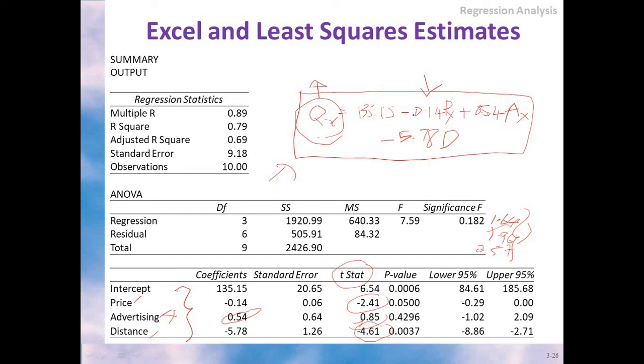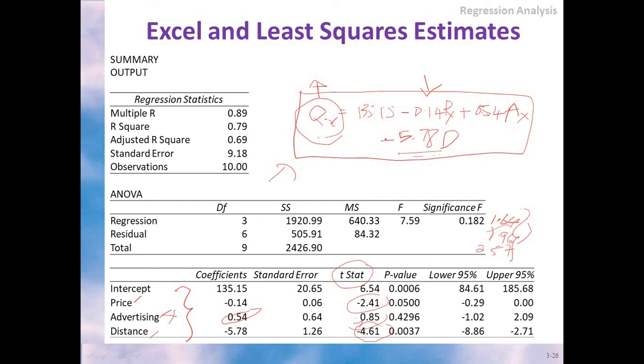You can also calculate the elasticity from here, if we get the value of Px, the value of Ax, and the value of D. But to show that it is significant means the price plays an important role in influencing the quantity in a reverse direction. And if you look at the other one which is significant, it is distance.